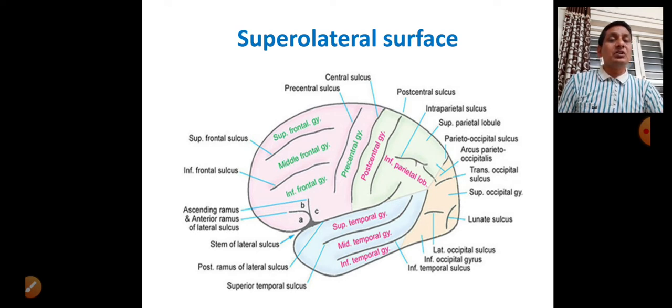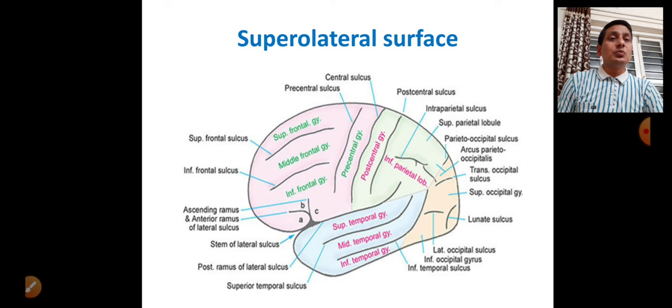First we are going to study the superolateral surface. The superolateral surface is divided into the four lobes, and according to the four lobes we have to study the superolateral surface.